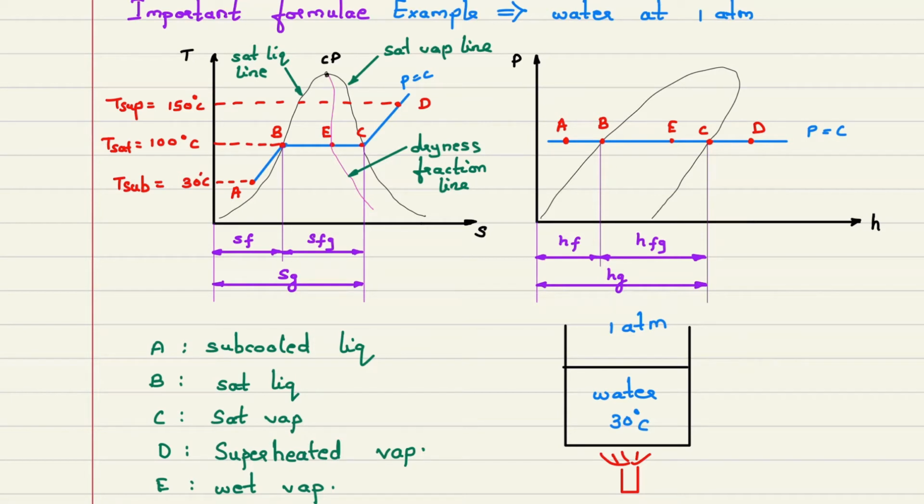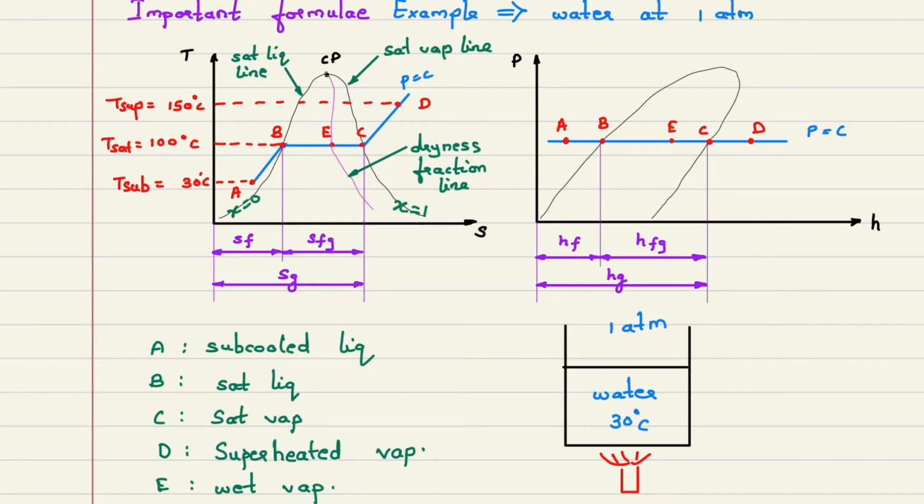Okay. So these are the different terminologies, and if the point is in between B and C, this E point, it will be liquid plus vapor, and that liquid plus vapor we denote by a term called dryness fraction. So here I will show x equal to 0 and here I'll show x equal to 1.